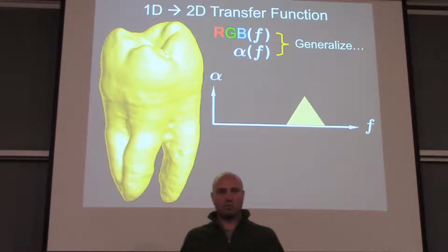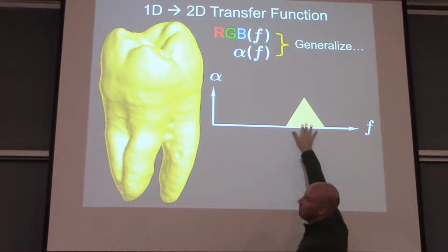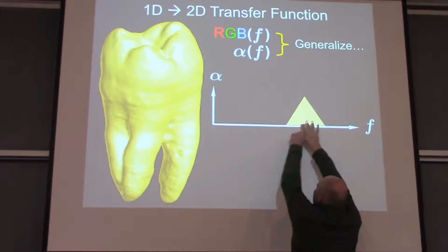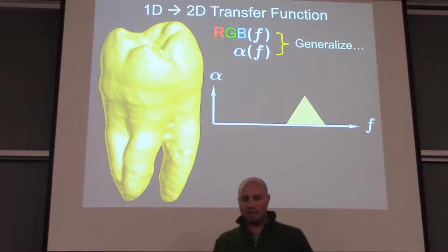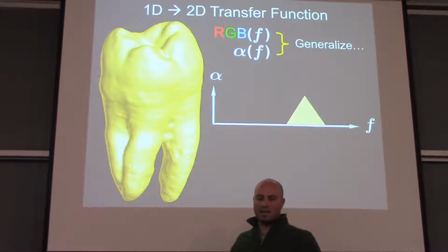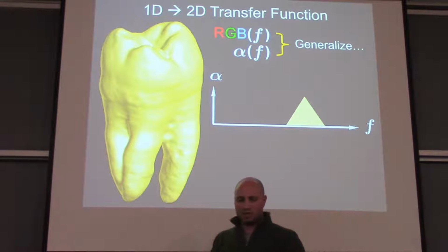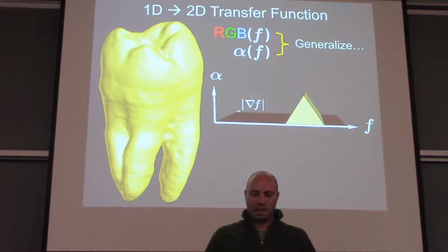And if you're not exactly sure where it is, you can make a tent function that is increasingly thin as you get close to the isosurface, or thick if you want to have some sense of where the gradient is, if you want it to be more or less fuzzy. And if you increase or decrease the opacity, then this will make it more or less opaque or transparent. However, in some cases, one isosurface is not going to be enough.